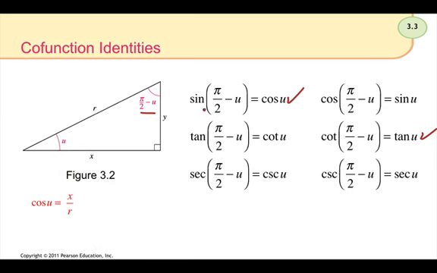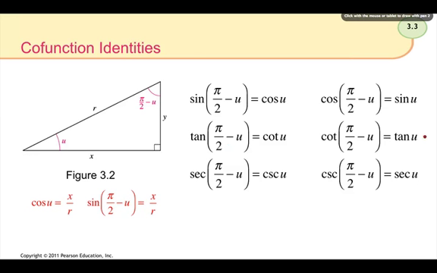Now I'm going to be looking at sine of pi over 2 minus u. So this is my reference angle now. The definition of sine is opposite over hypotenuse, which is x over r. And again, notice that these two ratios are equal, so we can conclude that these two expressions are equal. And that's what this cofunction identity is explaining.